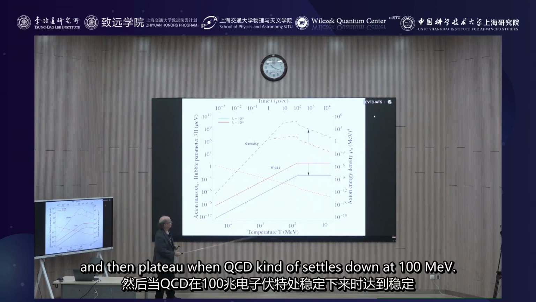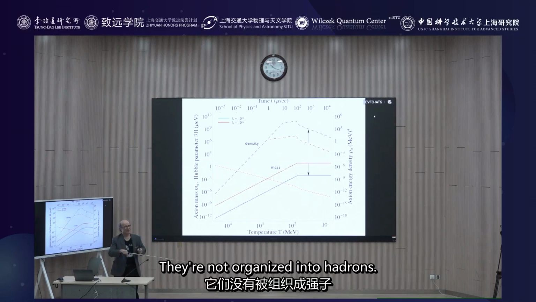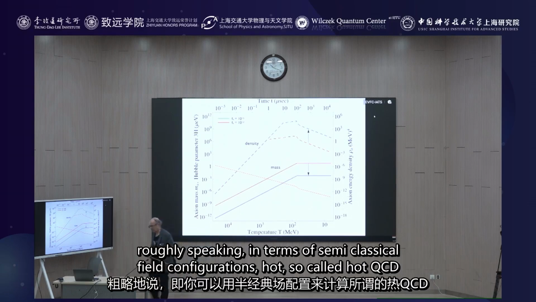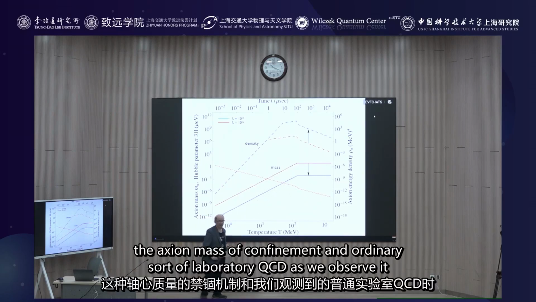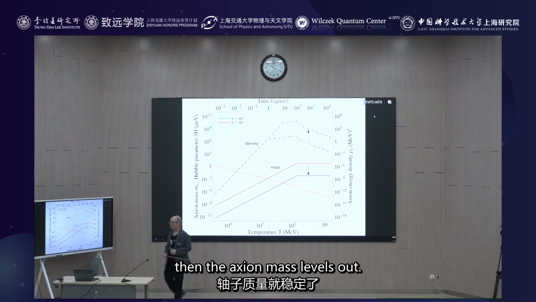So when the temperature is more than 100 MeV, the gluons and quarks are kind of moving freely. They're not organized into hadrons. And so you have one regime where you can calculate in terms of, roughly speaking, semi-classical field configurations, so-called hot QCD. But then when you go into this regime, the axion mass of confinement and ordinary sort of laboratory QCD as we observe it, then the axion mass levels out.